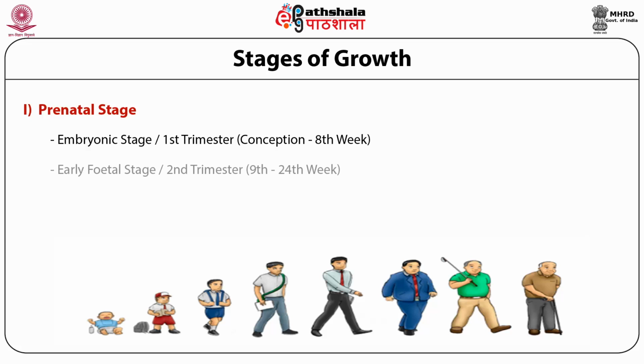Then the second is the early fetal stage, also classified as the second trimester, which begins with the 9th week and lasts till the 24th week of pregnancy. And the third stage of the prenatal phase is the late fetal stage, which is the third trimester of pregnancy, and it begins with the 25th week and goes till the baby is born.